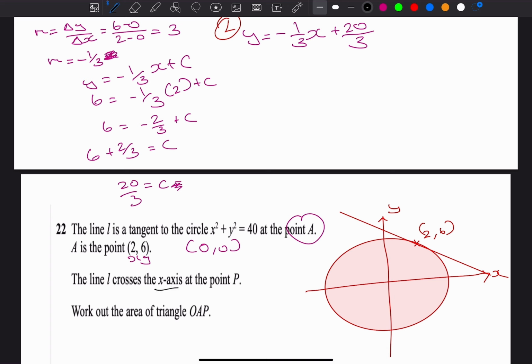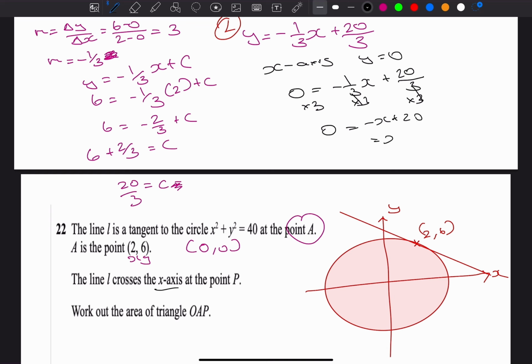If you want to cross x-axis, y value is 0. So you put y is 0 equals minus 1 over 3x plus 20 over 3, times everything by 3. 0 equals 0 times 3 is 0 anyways, minus x plus 20. X is positive 20, so the coordinate is 20 comma y value is 0. Yeah, settled. So where line L crosses the x-axis is 20 comma 0.